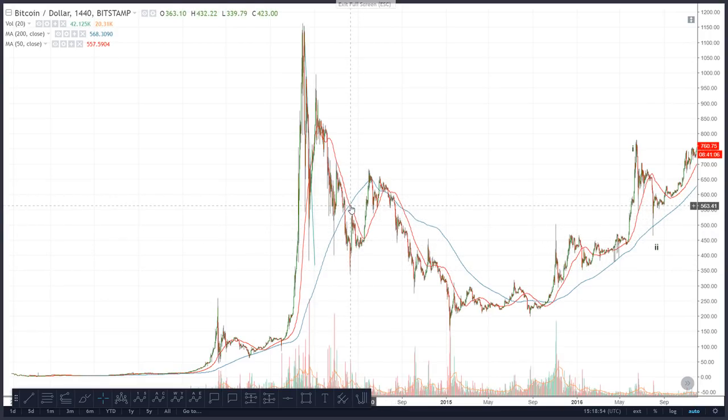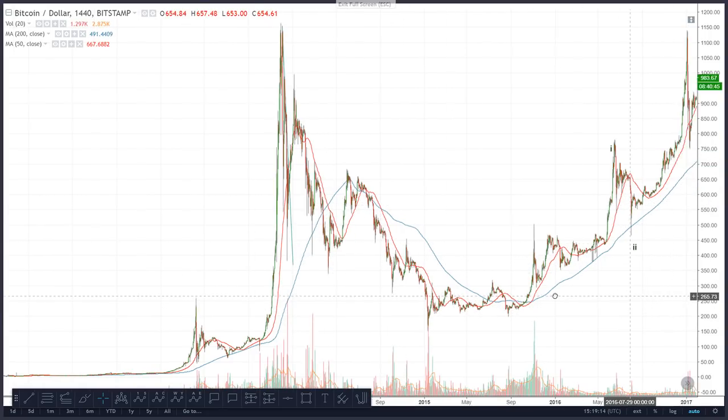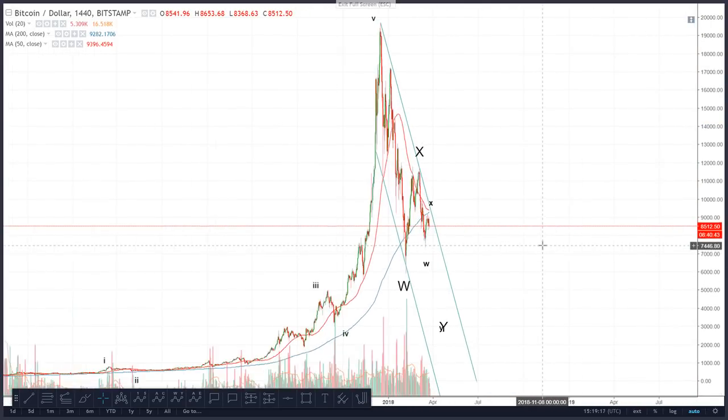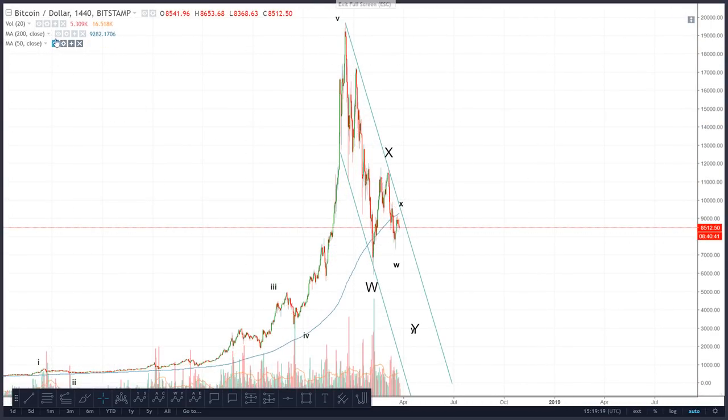So you may actually find that price makes a low with this death cross, then comes up, and then we'll see if this 200 moving average acts as resistance. It'll be interesting to see. But basically, when we see this death cross, we do often see price come down. Just something to look out for really. So I just thought I'd put that in there.